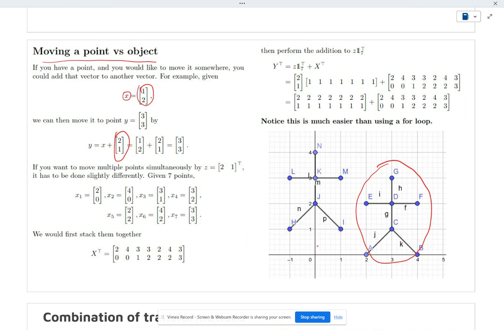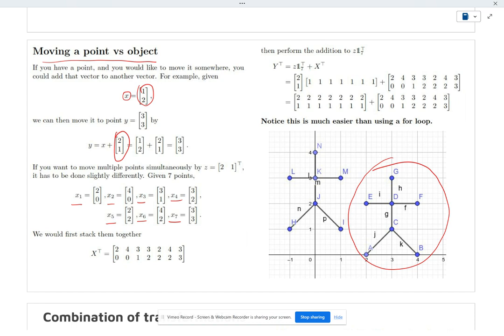Now we have multiple points: x1, x2, x3, x4, x5, x6, x7. The way I told you previously is that you can stack them up vertically. So instead of just one, now you have multiple of them. If you were to draw these out, these are the points of the stick figure.